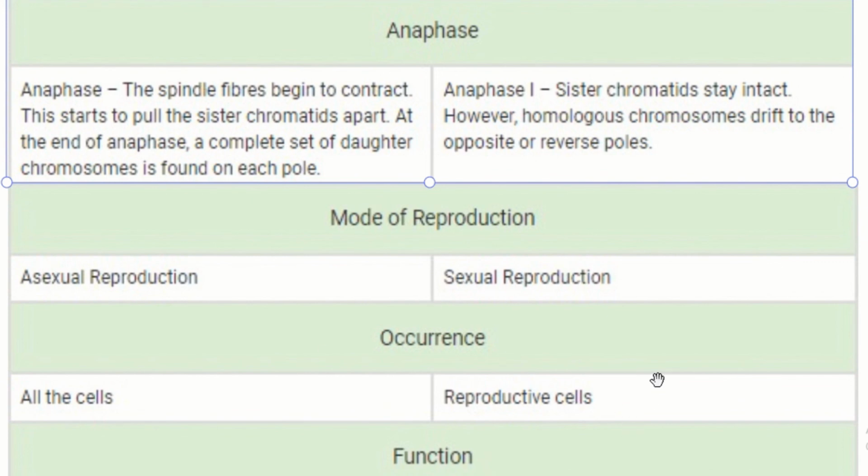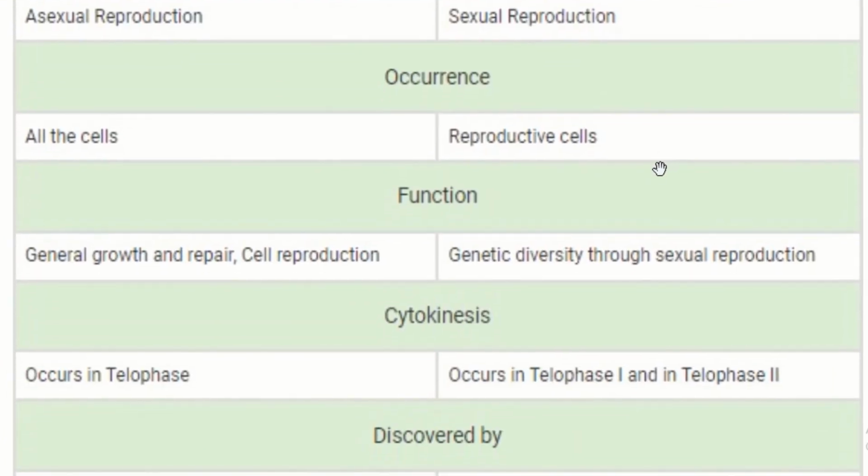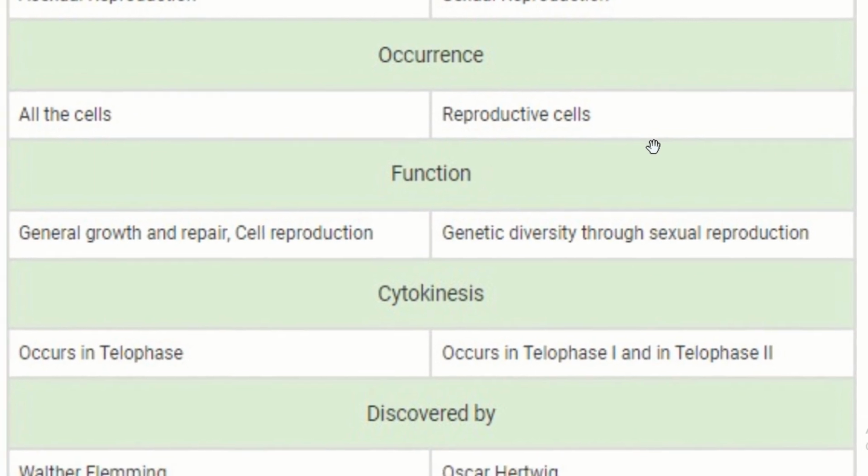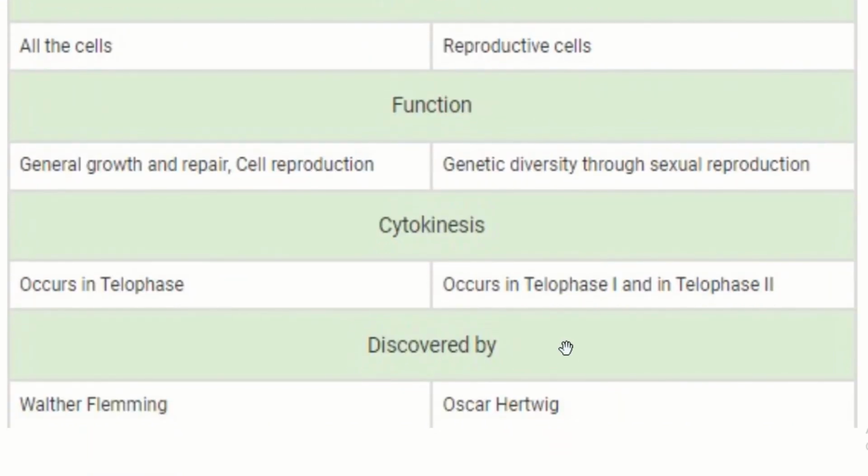Then we have mode of reproduction. In mitosis, the mode of reproduction is asexual, while in meiosis it is sexual. Occurrence: mitosis occurs in all the cells, while meiosis only occurs in reproductive cells. Function: mitosis functions in growth, repair and cell reproduction, while meiosis creates genetic diversity through sexual reproduction.